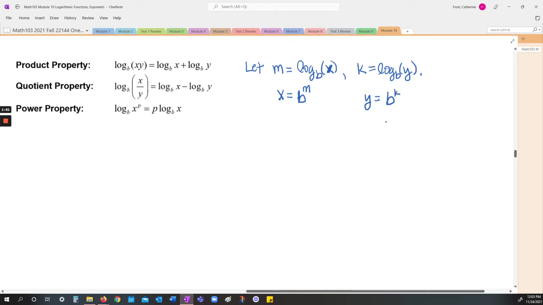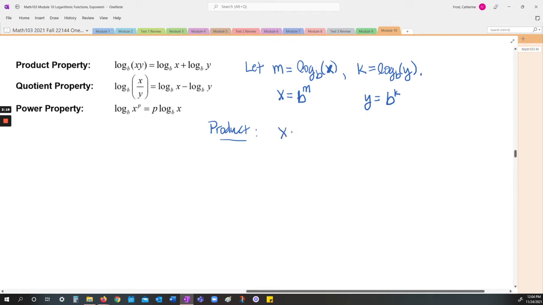Okay, so let's look at this product property. Let's see what happens if we look inside these logarithms and actually look at this x times y, since that seems to be an important thing with this property.